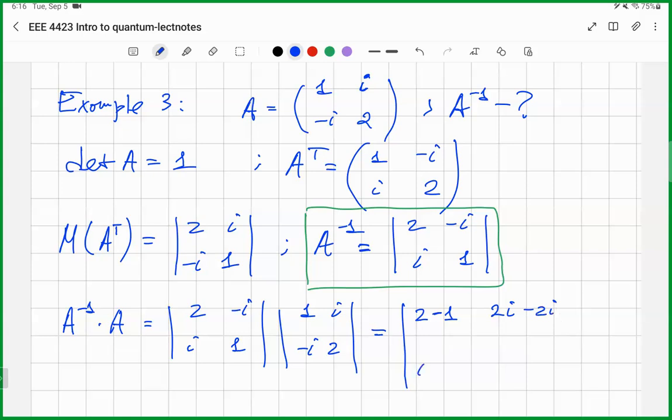Next, i minus i. And the last is i squared, which is minus 1, plus 2. Very good. So it's 1, 0, 0, 1. So again, it's the identity matrix. The solution is correct.